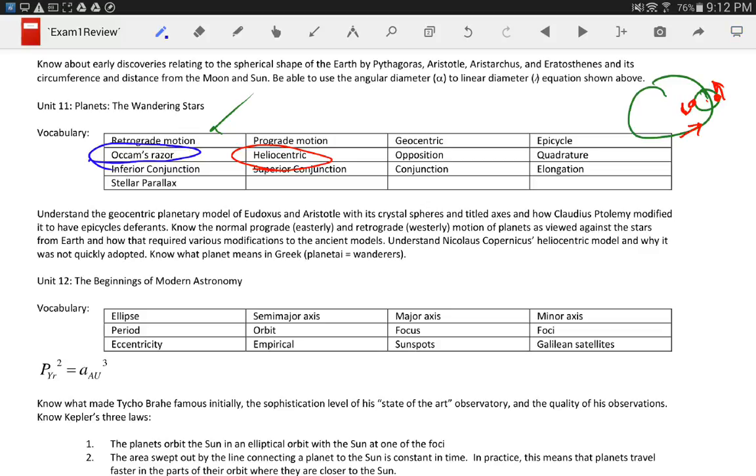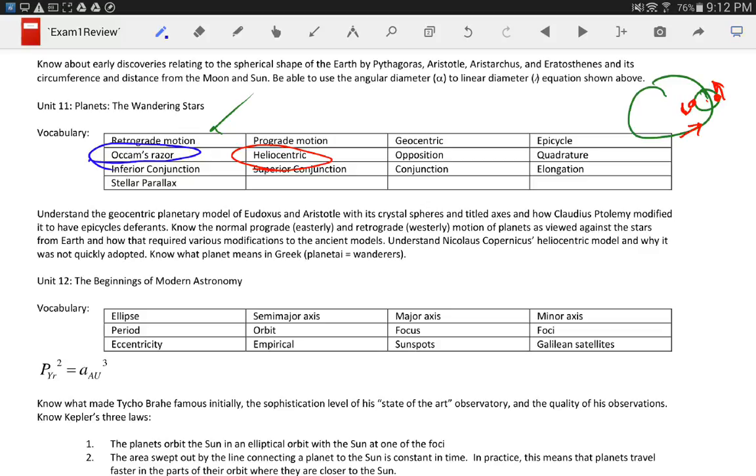So Copernicus' model, being far simpler than Ptolemy's, if these two models were presented at the same time, we would all jump to Copernicus's. But for 2,000 years of believing Ptolemy's model, scientists weren't ready to jump over just because, hey, that's a simpler explanation. So Copernicus' model wasn't actually adopted by scientists.